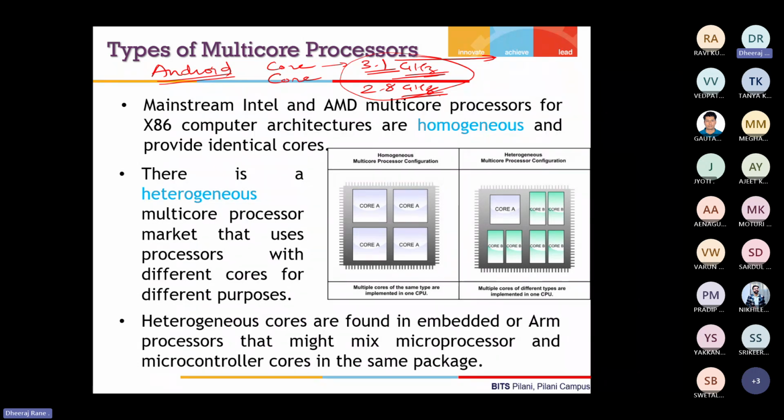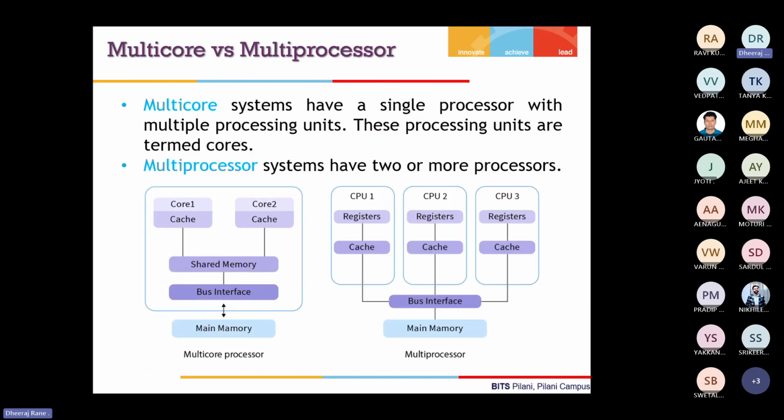So to balance the cost, the performance, and everything, they have a choice. So it's an advantage for them rather than for the end user. Probably the end user wouldn't even understand that there are heterogeneous cores. Even many techies may not know this is happening. So whenever you see any mobile specification, try to see the various cores and the frequency at which they are operating.